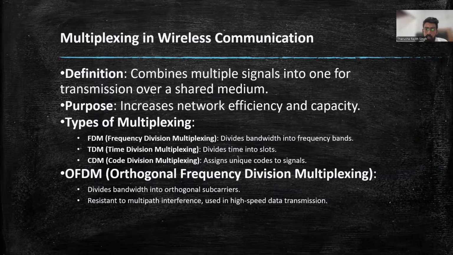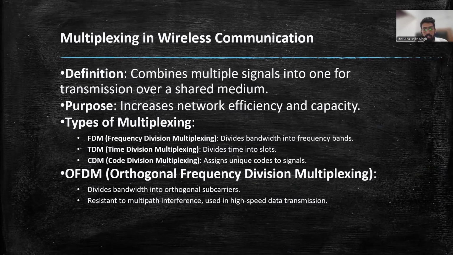Multiplexing is a process of combining multiple signals into a single signal for transmission over a shared medium. This allows multiple users to share the same communication channel, making the network more efficient and increasing its capacity.